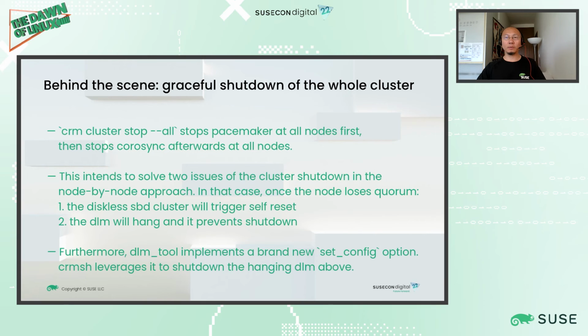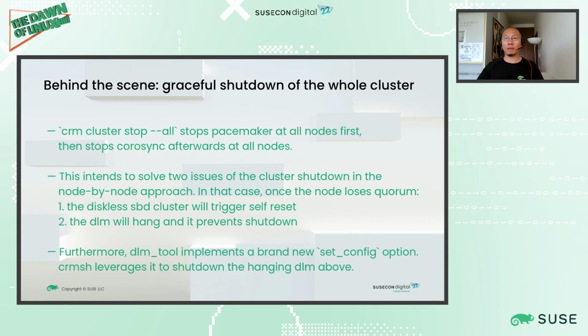The crm shell bootstrap script's functionality adds a new --all option. Now it basically stops pacemaker first at all nodes. After that, it stops corosync at all nodes. This is intended to solve two problems of cluster shutdown if we shut down the nodes one by one.